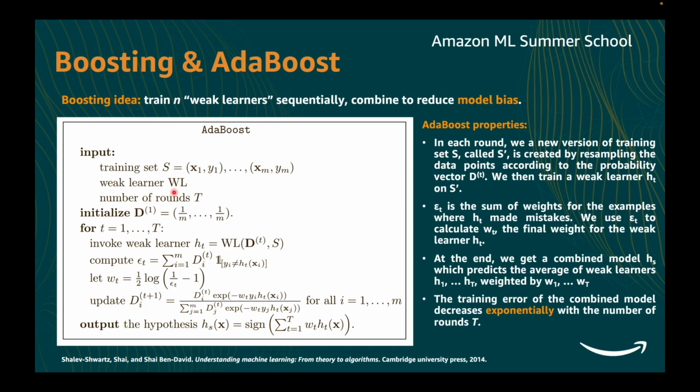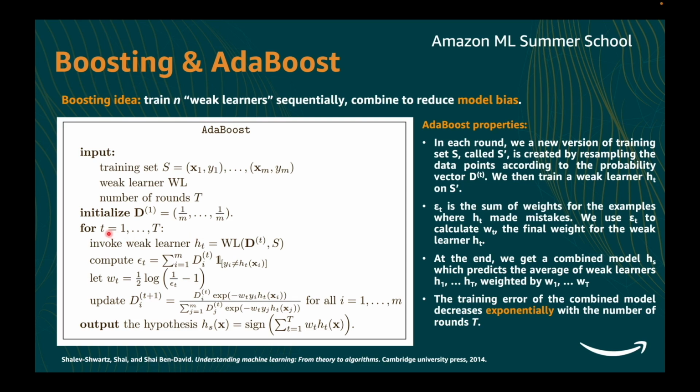At the very first round, you initialize a vector which is a probability vector, so it's going to have probability values, all of them being 1/m, and there are m of these values, right? m here is your number of data points. So you have a vector where you have an equal probability at the start for each data point.